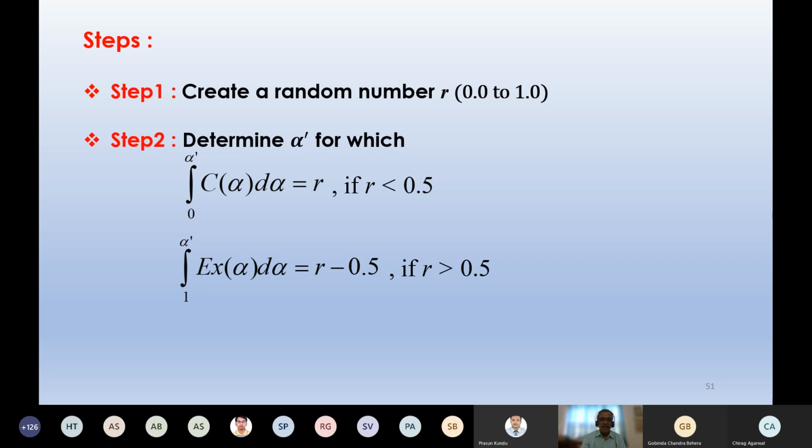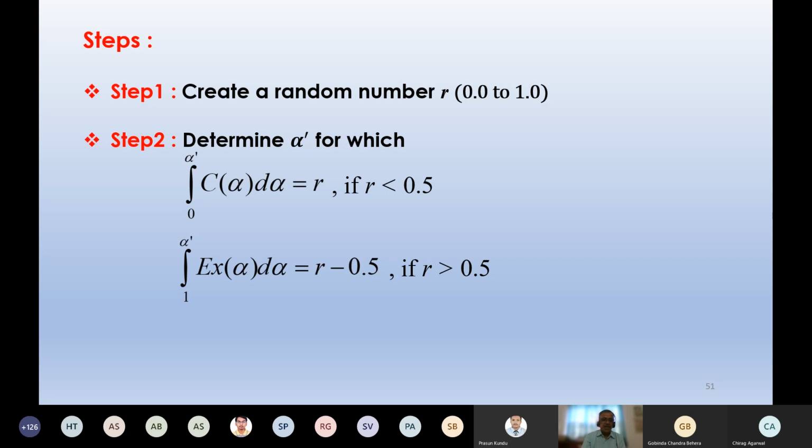Now let us see what happens if R becomes exactly equal to 0.5. If R equals 0.5, the value of alpha prime will be exactly equal to 1.0, and that will represent the stationary crossover. Now in the expanding zone, supposing that R is found to be more than 0.5, say 0.7, 0.9 and so on.